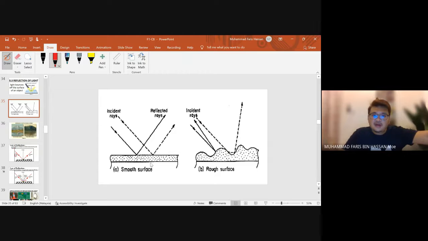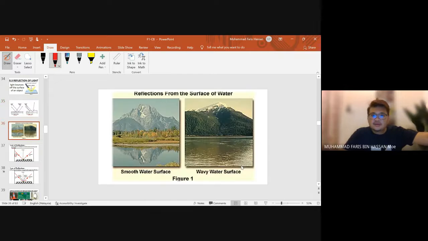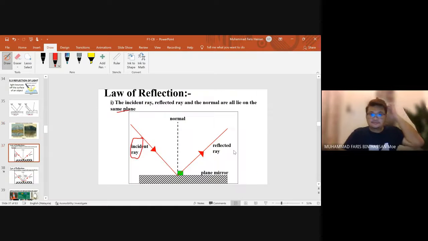This is how the incident rays reflect as reflected rays on a smooth surface, and this is how the incident rays reflect back as reflected rays on a rough surface. For example, on a smooth surface, you can see the image of mountains clearly. Instead, on the wavy water surface, the image is not so clear.